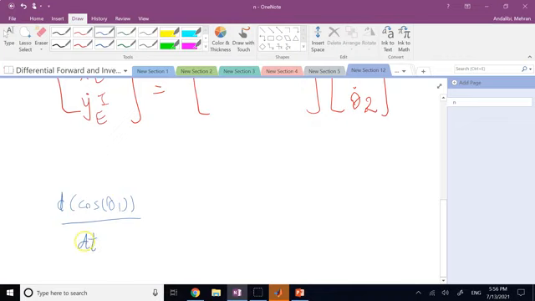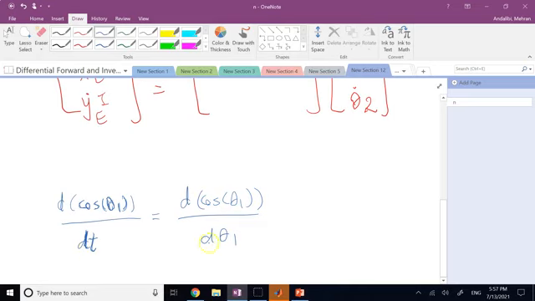Okay, and you cannot do it directly. Why? Because this cosine theta 1 is a function of theta 1 explicitly, not a function of time. If it was the derivative with respect to theta 1, directly from calculus, you say, well, that's negative sine of theta 1, right?